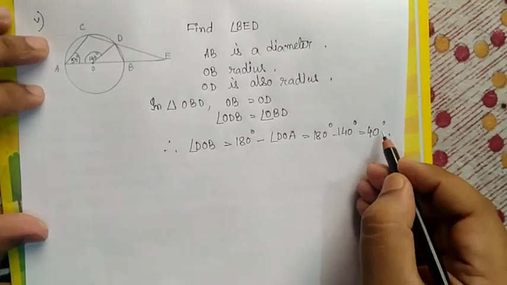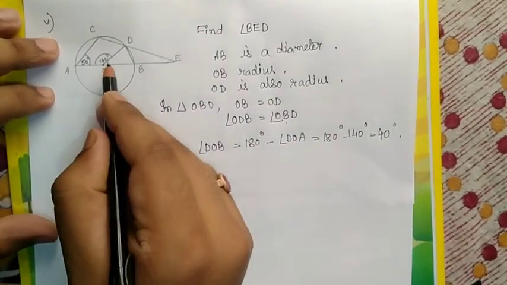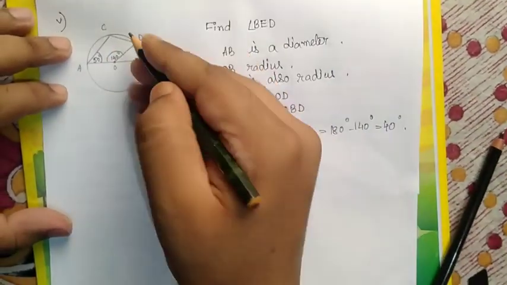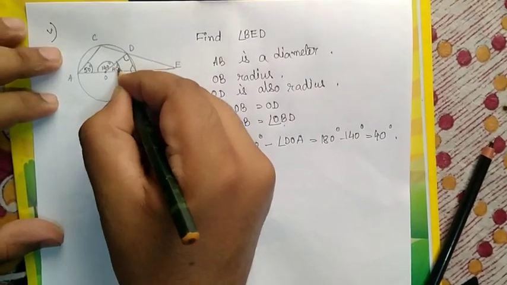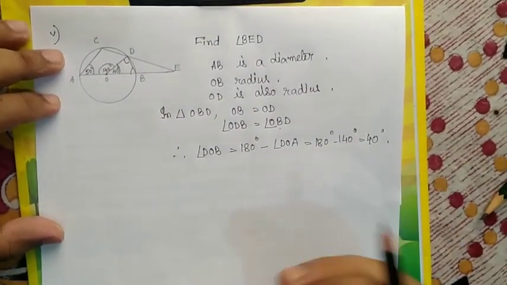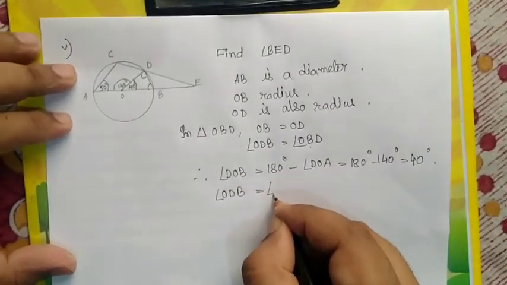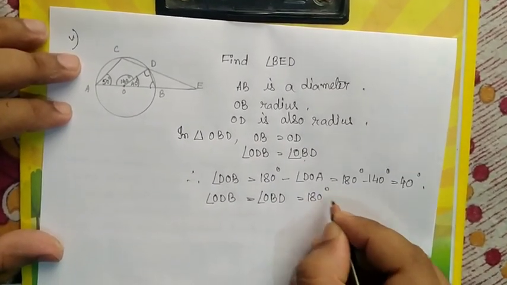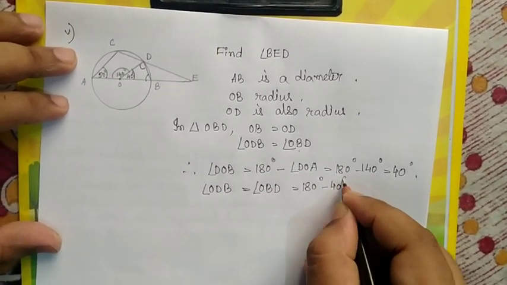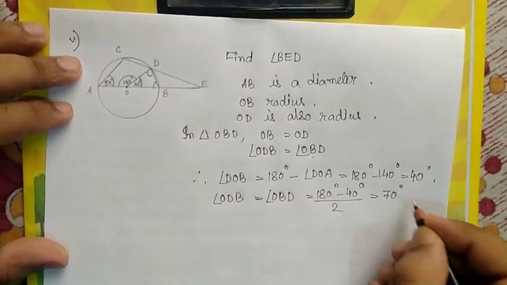Angle DOB equal to 40 degree, and the remaining two angles in this triangle both are equal. Therefore angle ODB equal to angle OBD equal to 180 degree minus 40 degree by 2 equal to 70 degree.